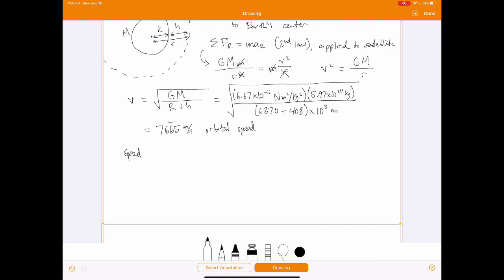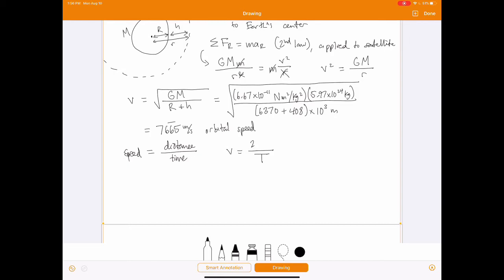Let's remember what speed means. Speed is distance over time. Easiest way to think about speed is distance over time. Well, in our equation, v is the speed, and the time is a period. Okay, so the time it takes to go in one full circle.